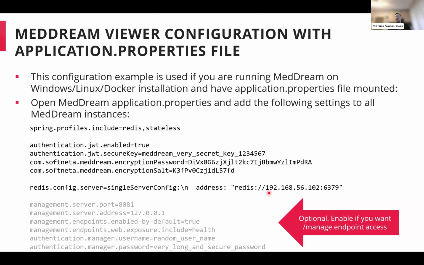You only need to change this part with the IP address and port. Of course, it could be a host name. If it is a secure version of Redis, it will be rediss with an additional S letter here, and so on. But this is a new property in application properties for how to provide the URL of the Redis.